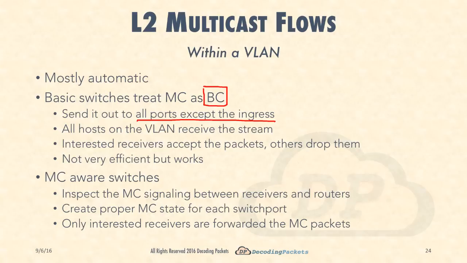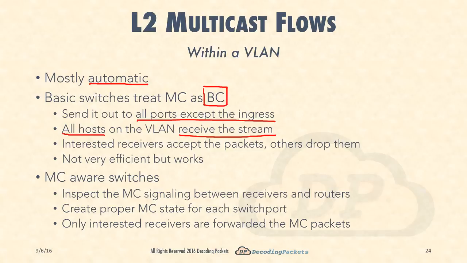The good part about this is the automatic part. So yes, it facilitates the automatic part of multicast within a VLAN. But the con of this, same con as it would be for broadcast, is that all of the hosts on the VLAN will then receive the stream. There is no concept of interested receivers.